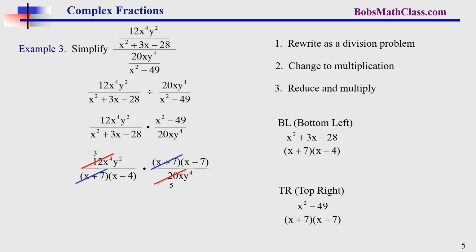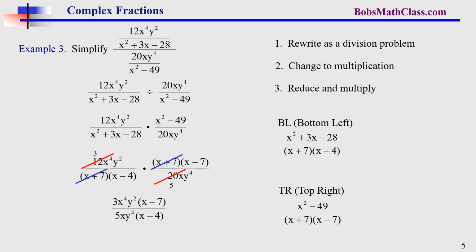We could reduce the x's here now. We have 4 on top, 1 on the bottom, so that would give you x to the third on top. And the y's, there's 2 on top, 4 on the bottom, so that would give you 2 left on the bottom. Or you could put it as a single fraction, put together, and then reduce.